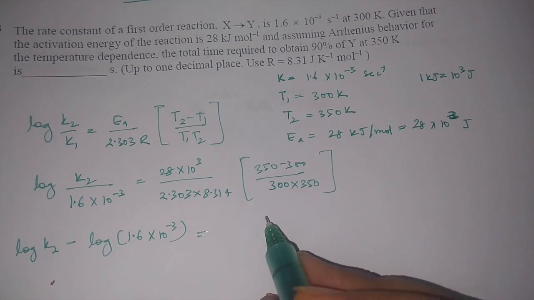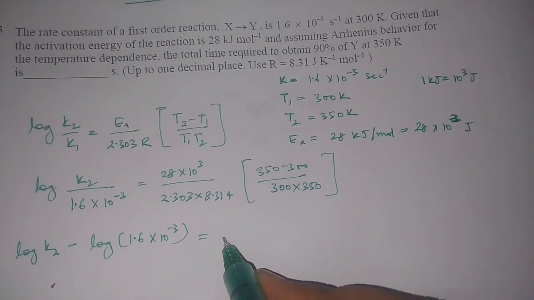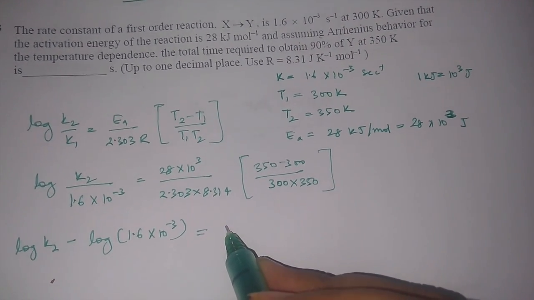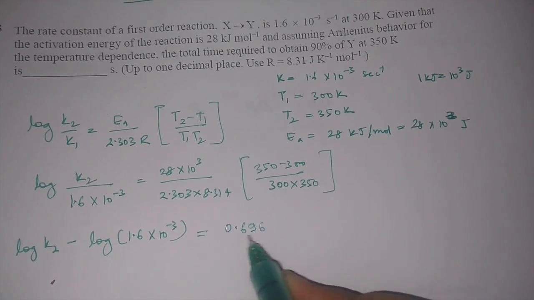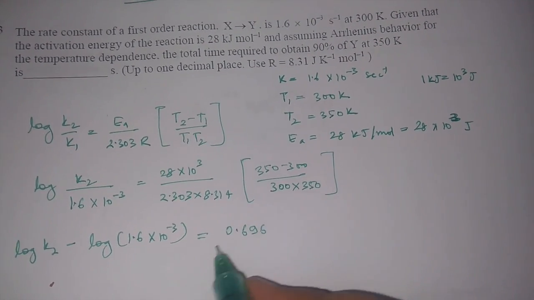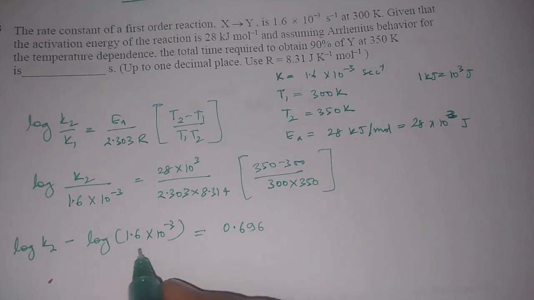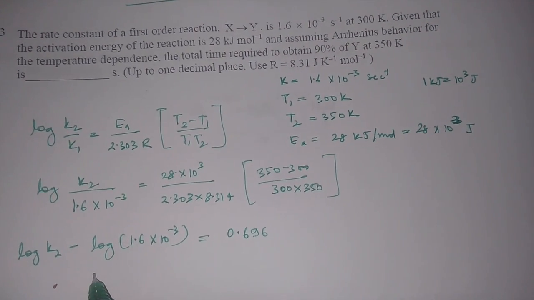And on the other side, when you solve this out, you are going to get something like 0.696. I have already solved it and I'm just giving you the answer. When you solve this term, you will get minus 2.796.